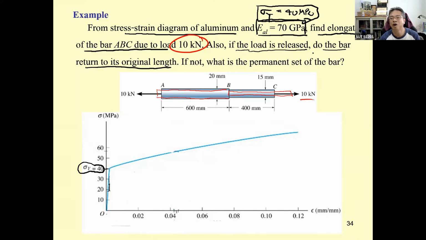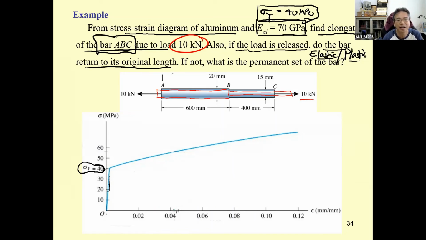We have to check, under 10 kilonewton, the behavior of the material of this ABC bar, in which region. There are 2 portions: one is AB, another one is BC.